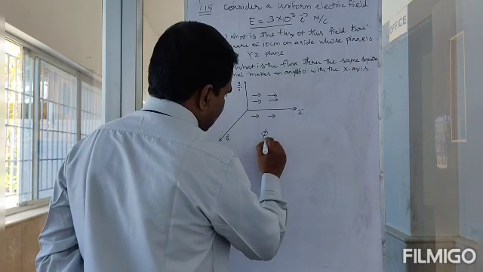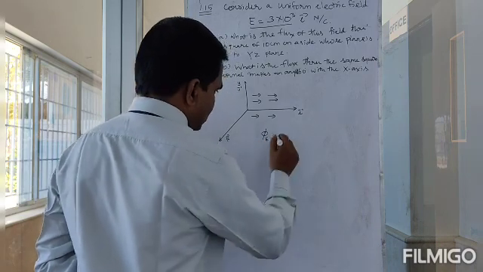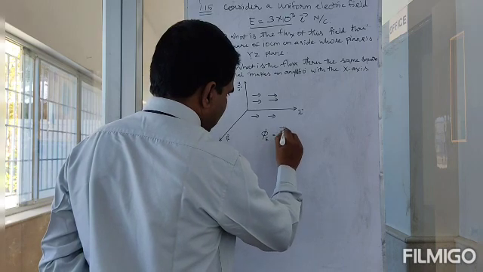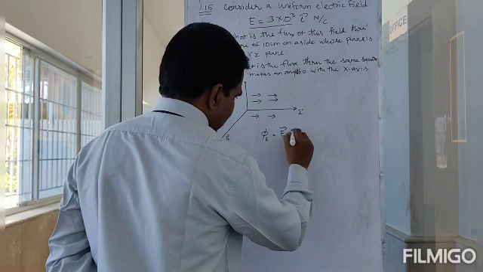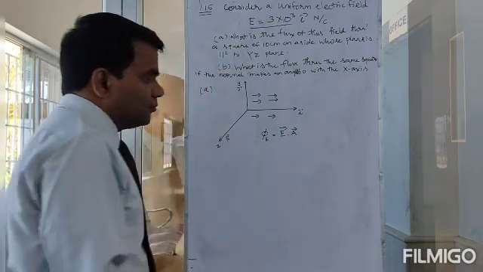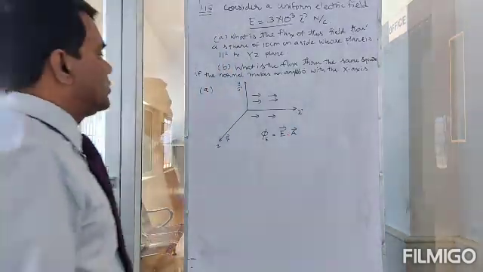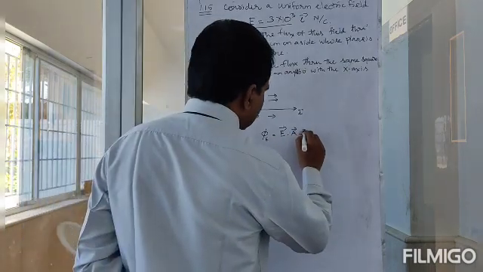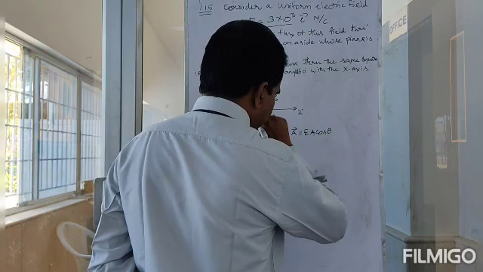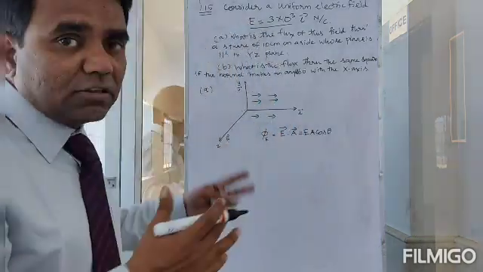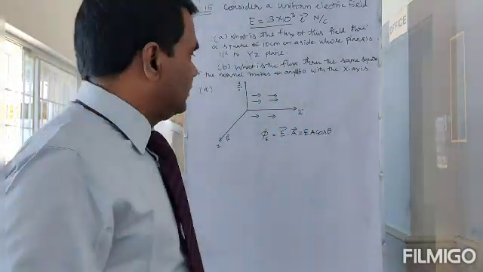Phi electric flux is equal to E dot area. So that gives you E A cos theta. This is a dot product, so it's a scalar quantity.